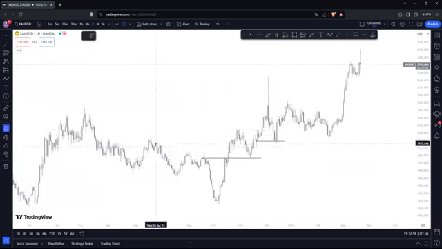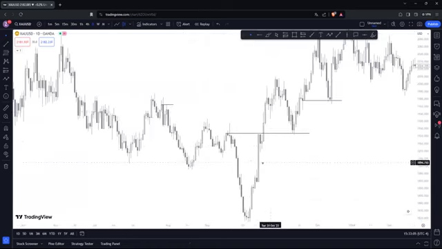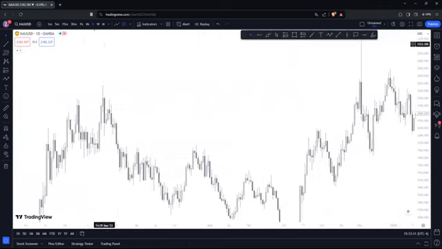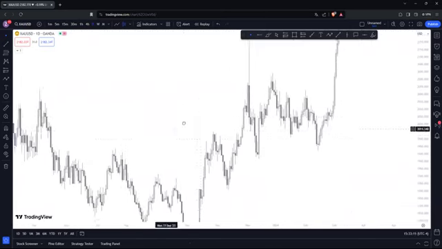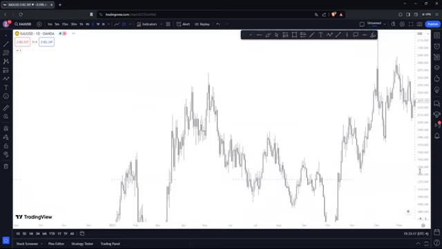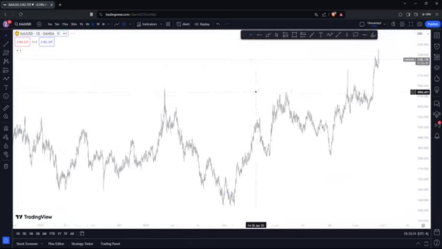I want you to go on that homework again and mark all the H4 external breakouts for these swing buys or swing sells. Now I'm going to give you an example to see if you understood the external and the internal breakout, the difference between both.